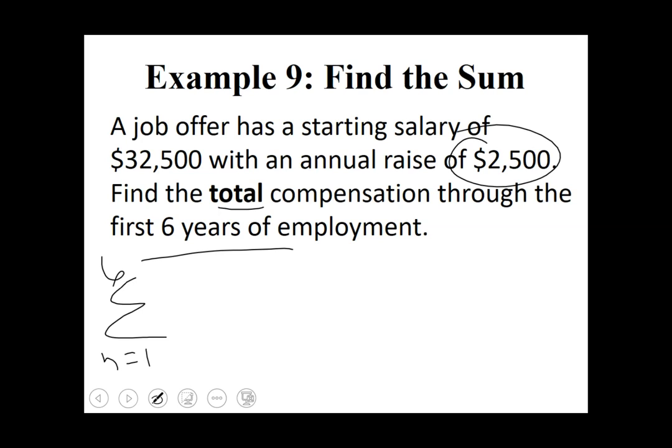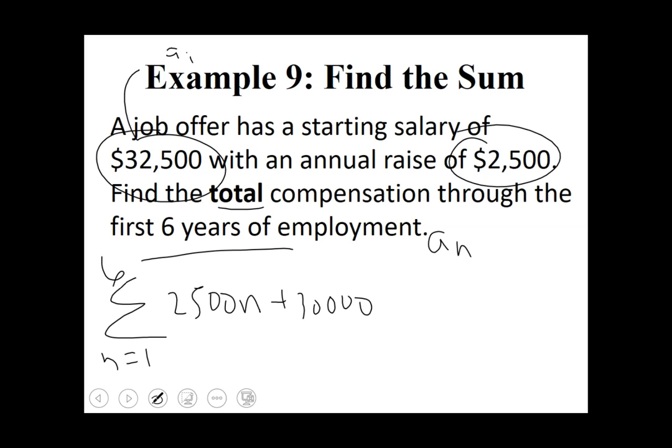The formula for this equation would be 2,500N plus 30,000. Why is it 30,000? Well, remember, the starting offer, unless I tell you otherwise, that's the first term. Whenever you're doing the formula AN equals DN plus C, which is what this is, the C is, of course, the 0th term.